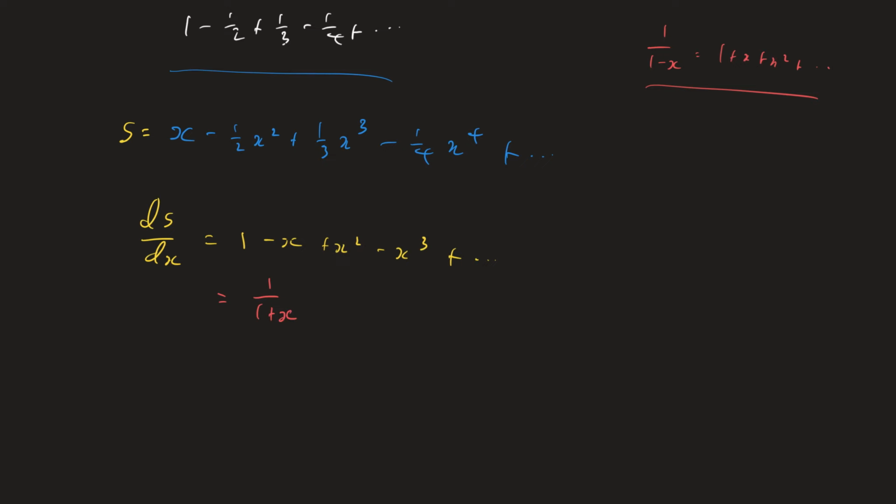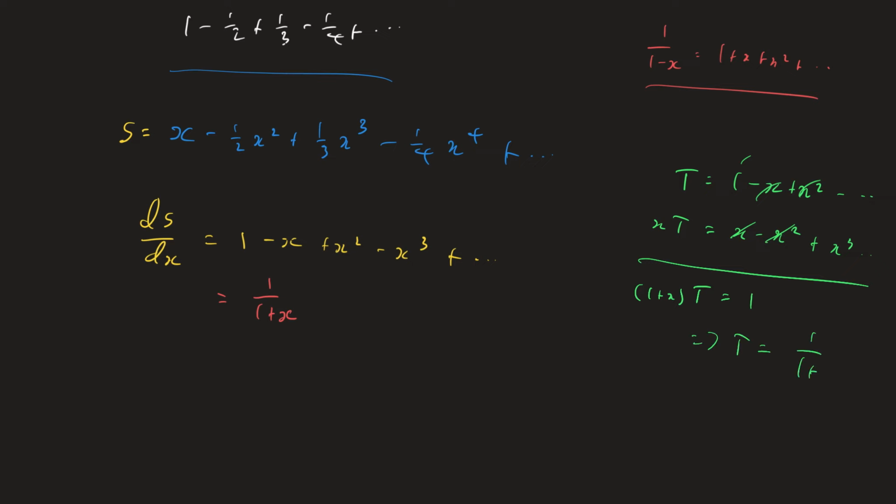I've already used s, so let t be equal to 1 minus x plus x squared minus etc. Then x times t is equal to x minus x squared plus x cubed, etc. If we add these two together, we get 1 plus x times t is equal to 1. Then that cancels, and because they both go on forever, all the other terms cancel, so therefore we just get that t equals 1 on 1 plus x.